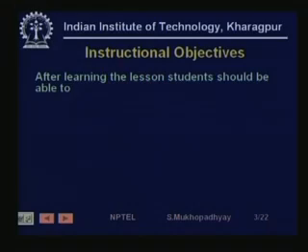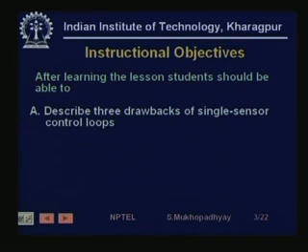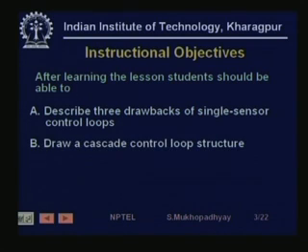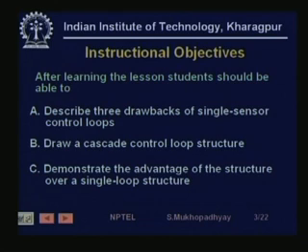So before we do that, let us first see the instructional objectives. Today, after learning this lesson, the student should be able to describe some drawbacks of single loop control, and based on some of these drawbacks we can see that cascade control will address some of these drawbacks, and therefore we will learn cascade control, and he should be able to draw a cascade control loop and demonstrate the advantages of this structure over a single sensor feedback loop, I mean conventional.